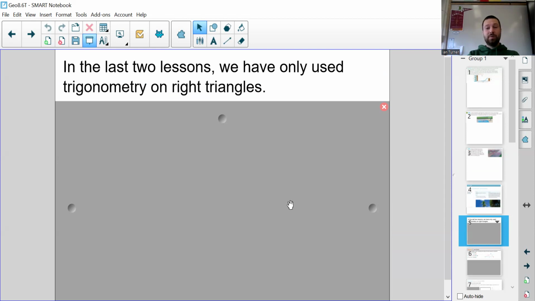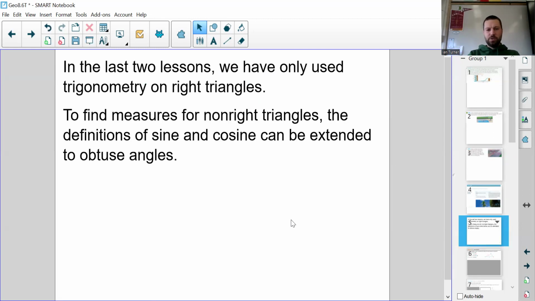Now, right triangles show up a lot in things, and that's why all that trig is really cool and powerful, but they're not always right triangles. So the law of sines and cosines allow us to do some trig with non-right triangles, okay? Super cool. So let's jump into it.